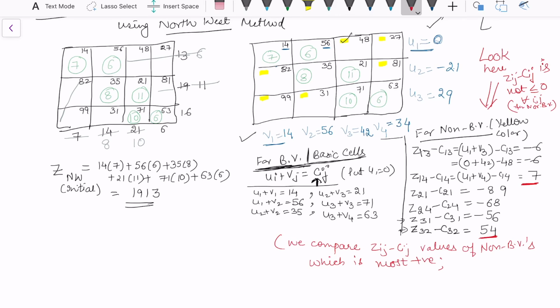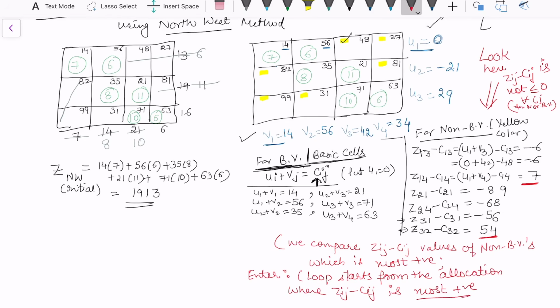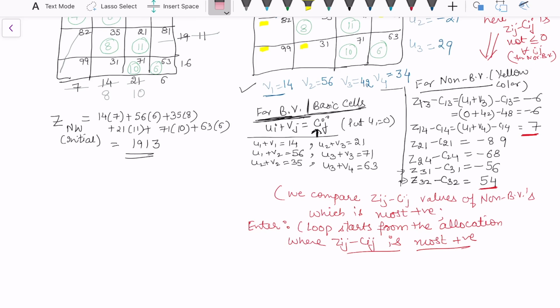Again, this is the same criteria as we have applied in the simplex method. The loop starts from where Zij minus Cij is most positive. In case there are ties, then you can choose any. Once you know the entering variable, we are going to find the leaving variable also. So we have found the entering variable. Let me now draw the loop and then we'll find the leaving variable.